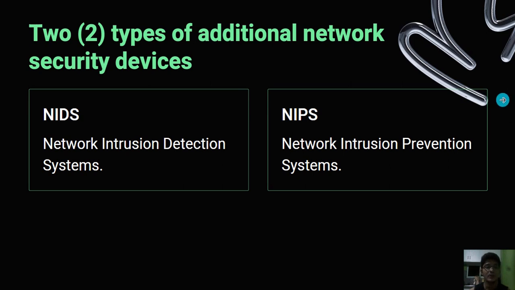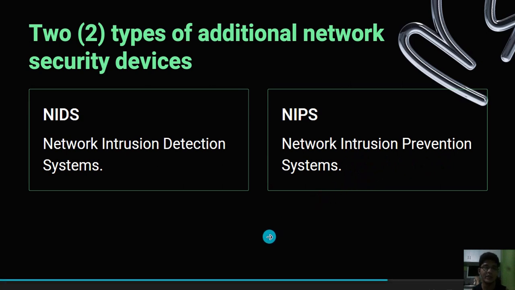So next, there are two types of additional network security devices worth noting: Network Intrusion Detection System, or NIDS, and Network Intrusion Prevention System, or NIPS.